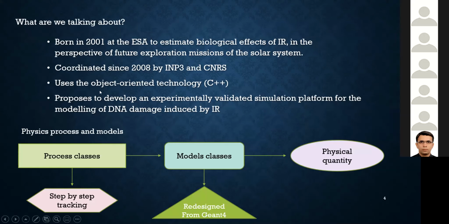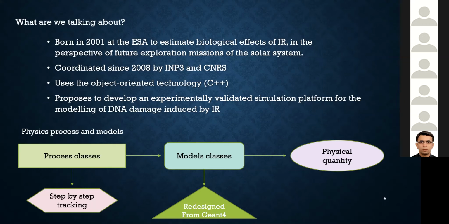This one, like Geant4, uses object-oriented technology, C++. But something that we must know is that the main objective is to simulate DNA damage induced by ionizing radiation, while having a simulation platform that is experimentally validated.